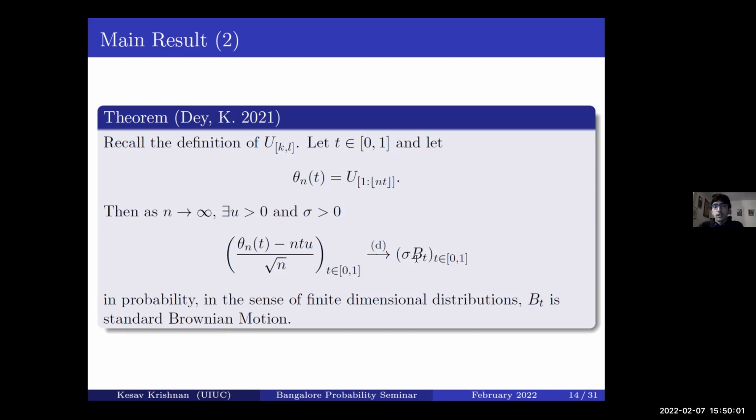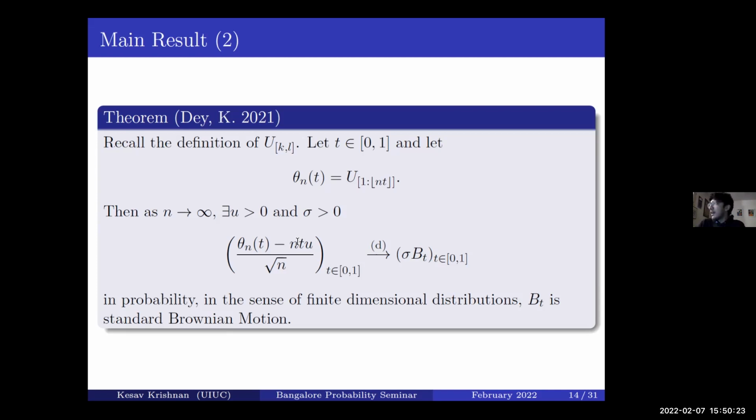So if you've seen the study of the dimer model on two-dimensional lattices, there's a notion of a height function that's associated to matchings, and it's a slightly non-trivial correspondence that's made.